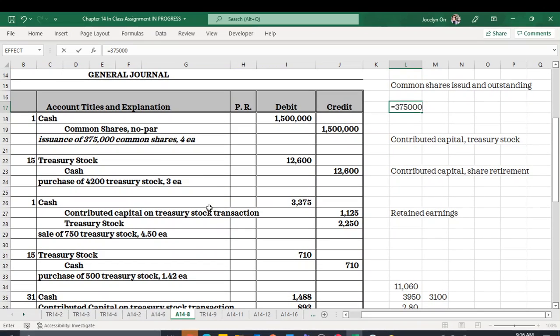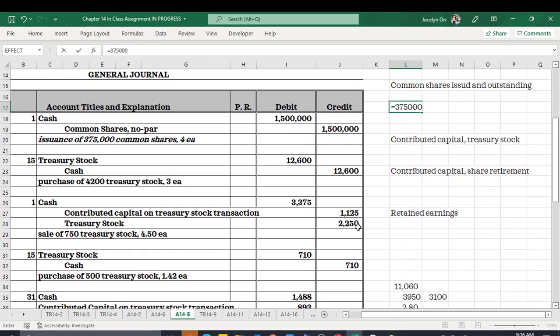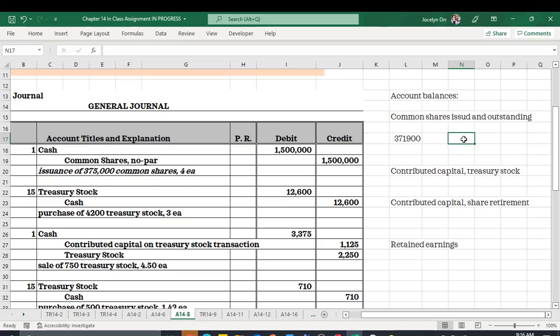So really what we are looking at here is only the shares that were retired. Okay, the treasury stock is still outstanding and being reissued. Those shares are still technically in circulation. But when we look at the shares that we retired, which was 3,100, we're going to get outstanding shares in the amount of 371,900.